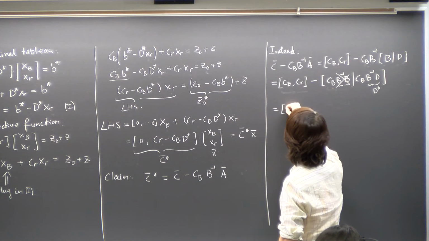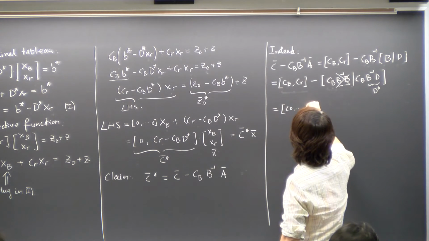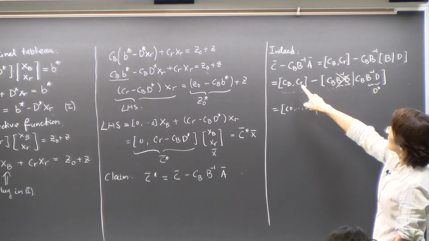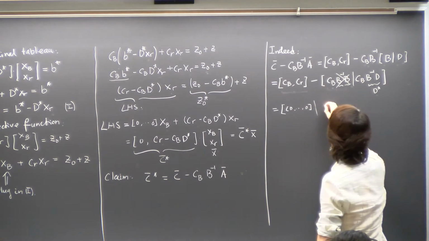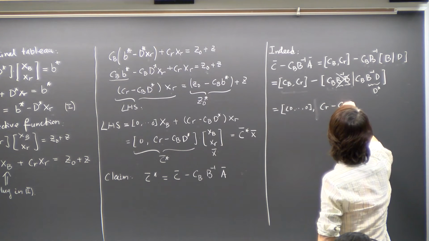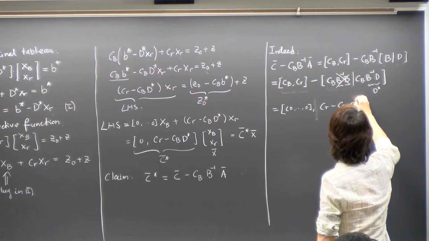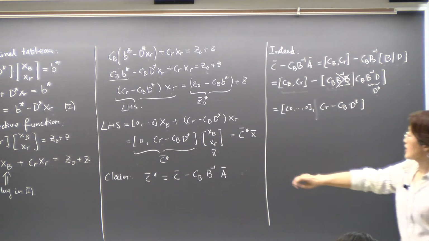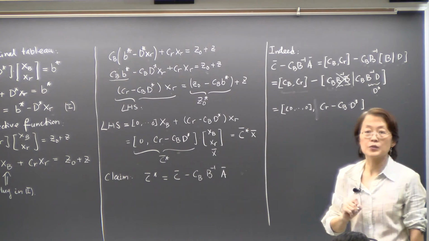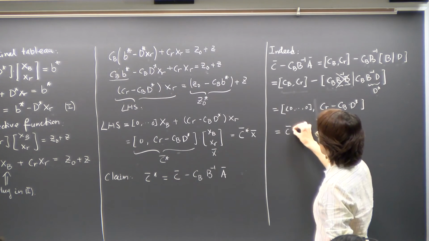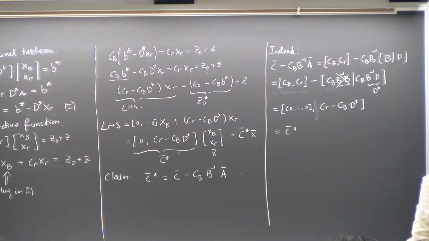So I will have 0, of length m, as the first part, and the second part will be this minus that. So let me put a comma: CR minus CB D star. Is that right? Isn't that exactly what we claimed it has to be? So that's C bar star. All right.